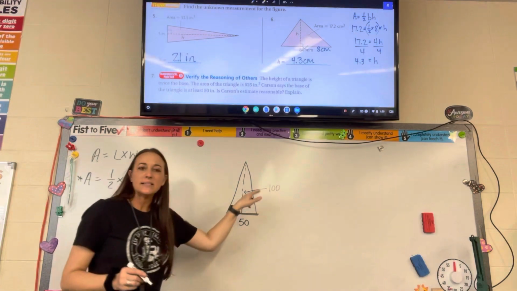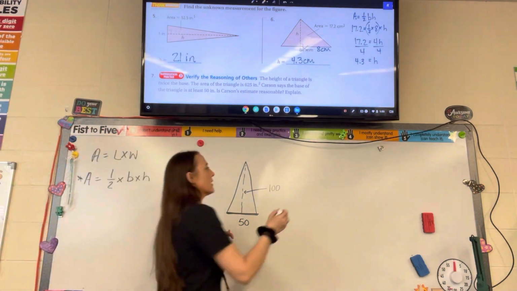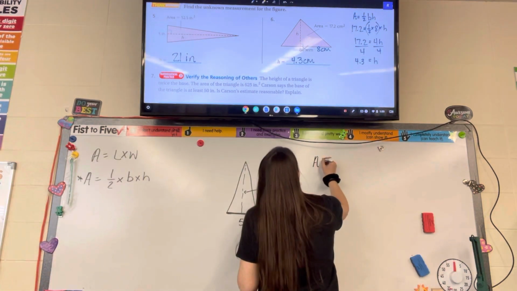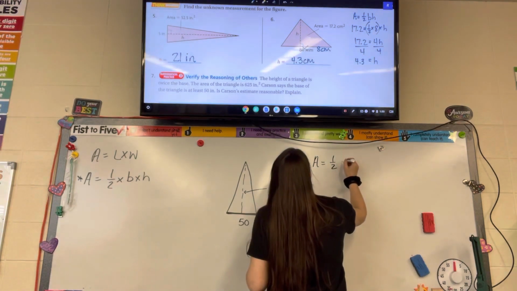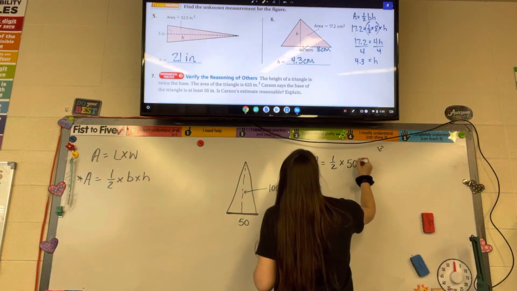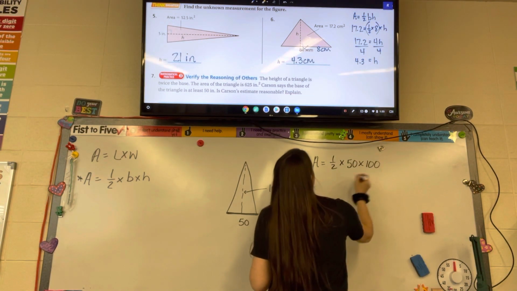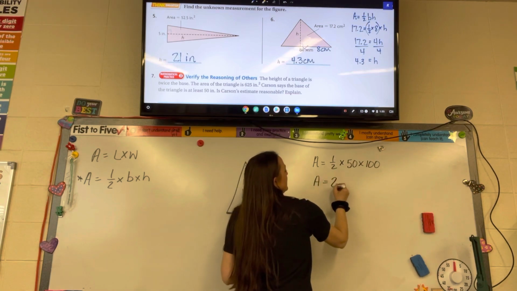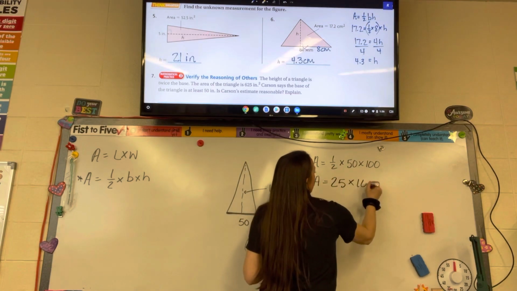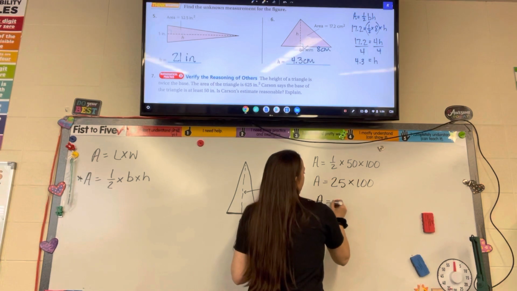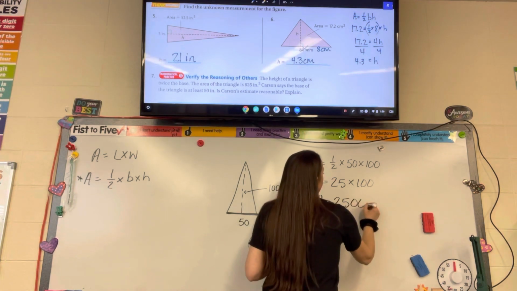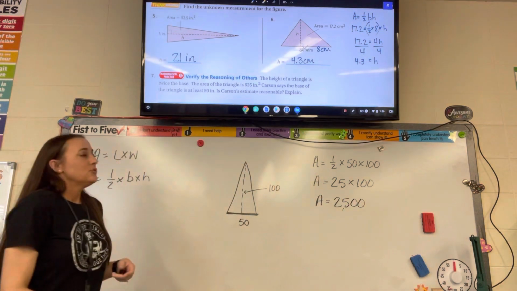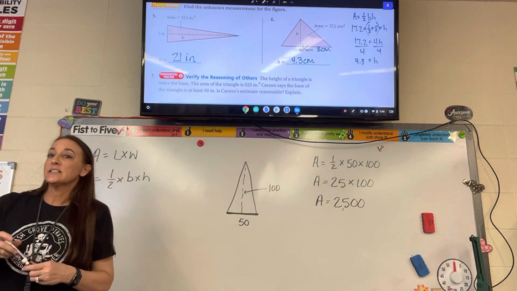So let's figure out, and the area of this triangle is supposed to be 625. Let's see with the base and height of this if that would work. So area equals 1/2 of the base of 50 and 100. What's half of 50? 25. And 25 times 100 would be 2,500. Is 2,500 close to 625?